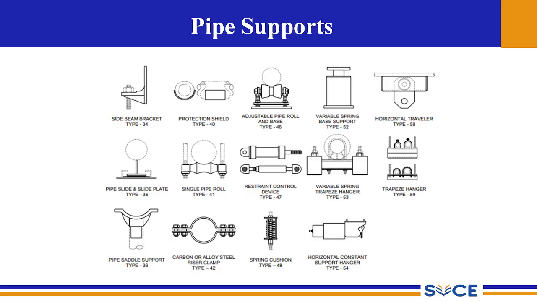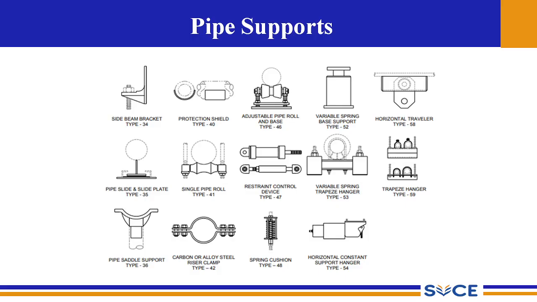So this is the kind of variable spring trapeze hanger arrangement where the system will support the adjustments due to vertical thermal movements when the pipe is moving from the cold position to the hot position.